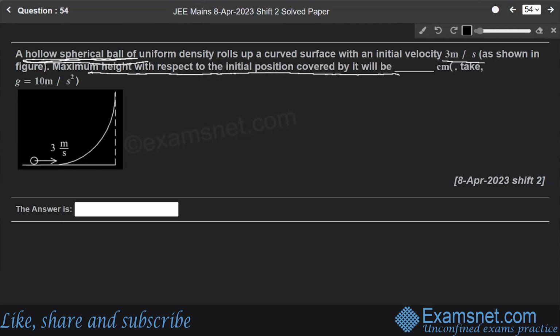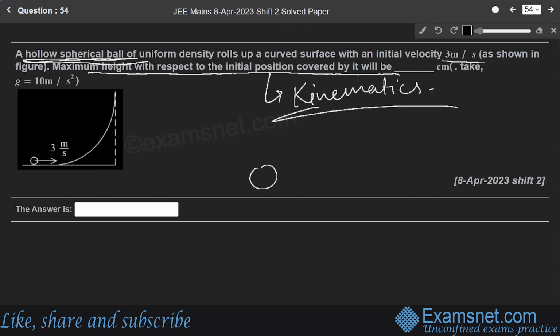This question is from the chapter of kinematics. We are given that there is a ball moving with a speed of 3 meter per second, and it is moving like this. We have to find the height up to which it rises with respect to the initial position.